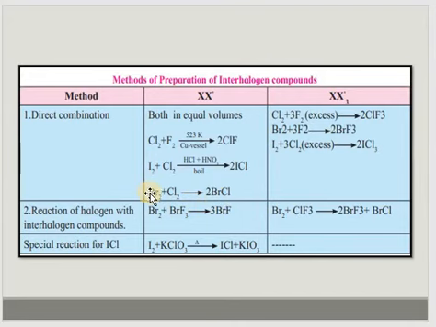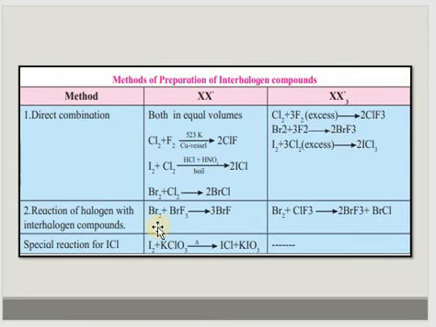BrCl would be prepared by the combination of Br2 and Cl2. XX3 pattern compounds could be prepared, like ICl3 could be prepared when chlorine gas is taken in excess and combining with iodine. ClF3 would be prepared by taking fluorine in excess by combining with chlorine, and Br2 and F2 are combining to give you BrF3.